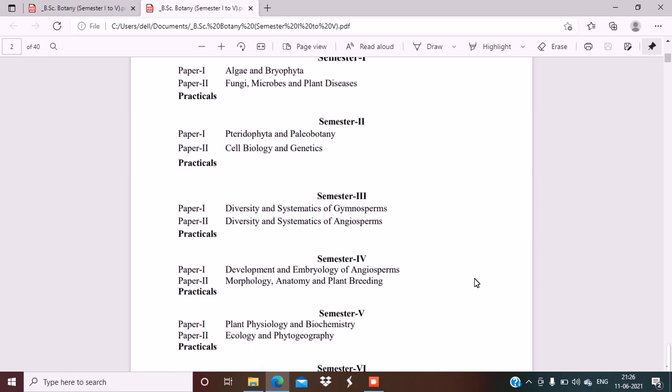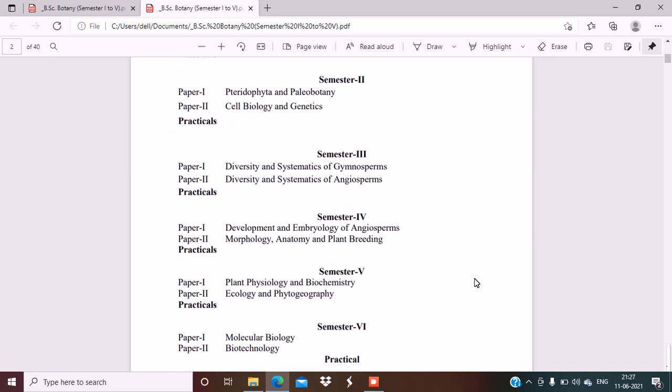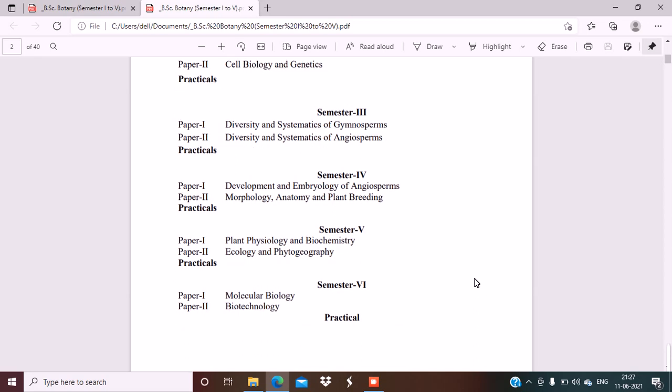Third semester, paper 1st is Diversity and Systematics of Gymnosperms, and paper 2nd is Diversity and Systematics of Angiosperms. Semester 4th, paper 1 is Development and Embryology of Angiosperms, and paper 2nd is Morphology, Anatomy and Plant Breeding. Semester 5, paper 1 is Plant Physiology and Biochemistry, and paper 2nd is Ecology and Phytogeography.